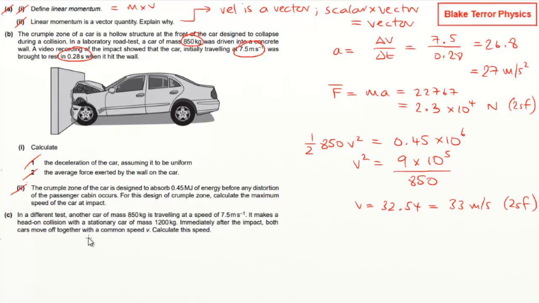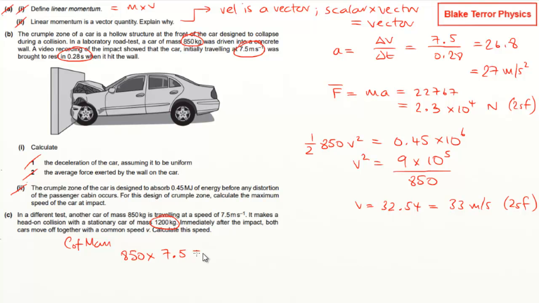In a different test, another car of mass 850 kilograms traveling at a speed of 7.5 meters per second makes a head-on collision with a stationary car of mass 1200 kilograms. Immediately after the impact, both cars move off together with a common speed v. So this is the usual conservation of momentum question. Beforehand, we have 850 multiplied by 7.5.